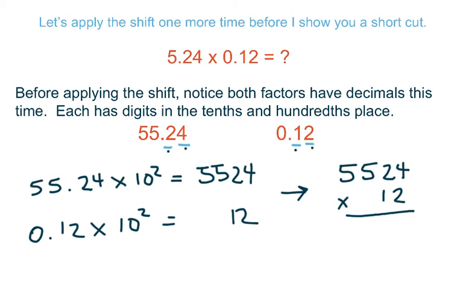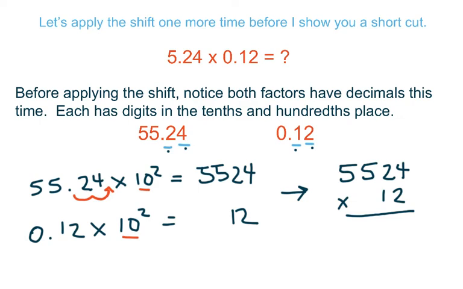So what does that mean? It means to get whole number factors, we're going to multiply each factor by 10 to the power of 2. When we multiply 5 and 24 hundredths by 10 to the power of 2, that means our decimal point is going to shift 2 places to the right, 1, 2, to give us 524.